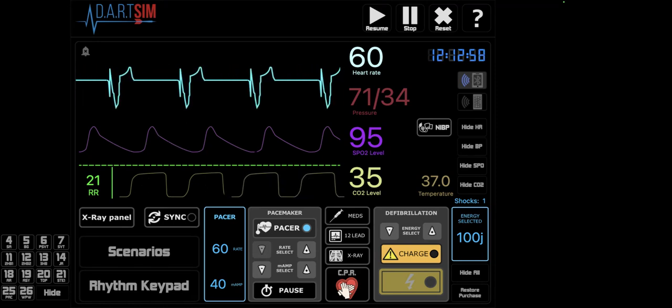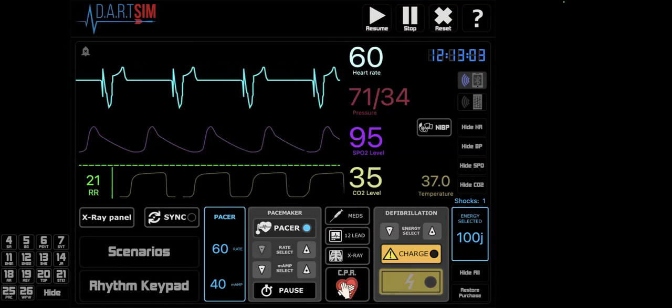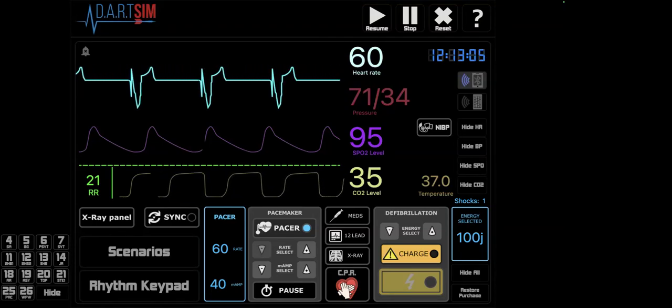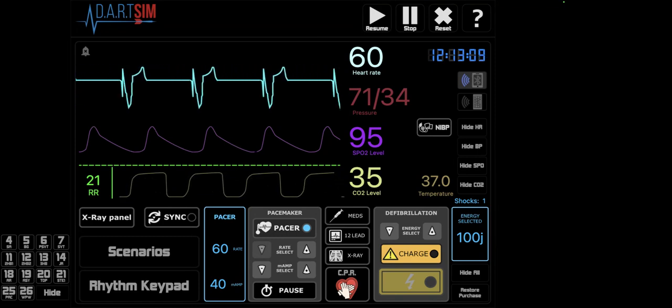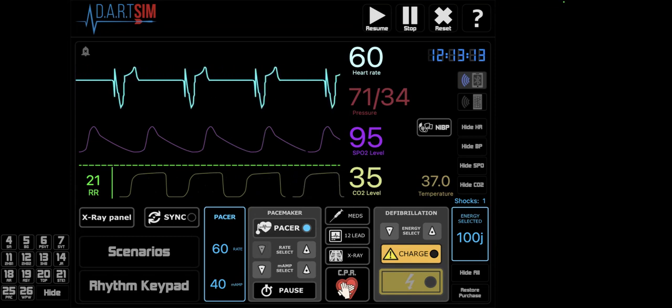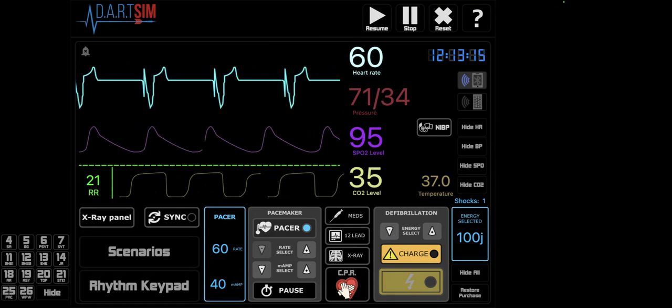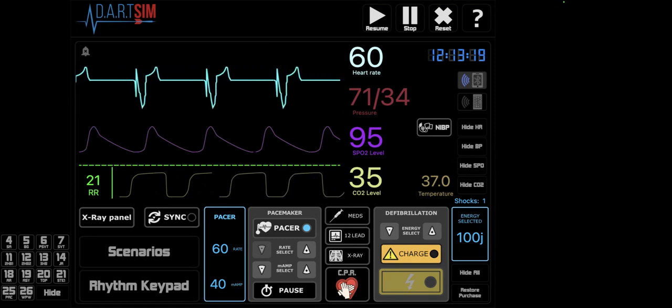It does not have the ability to look at intrinsic P waves. And if it sees ventricular contractions at a rate faster than the pacemaker is set at, so ours is set at 60, then the pacemaker will sit back and inhibit.